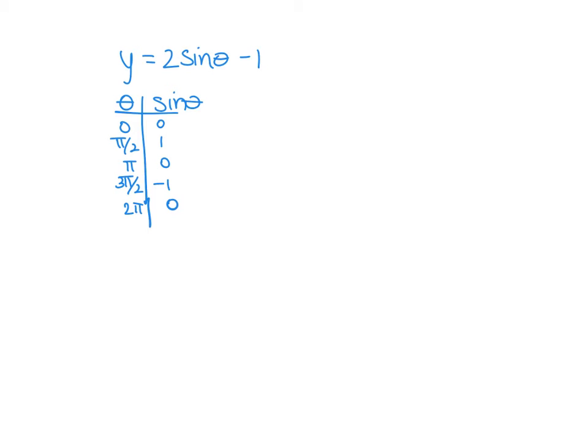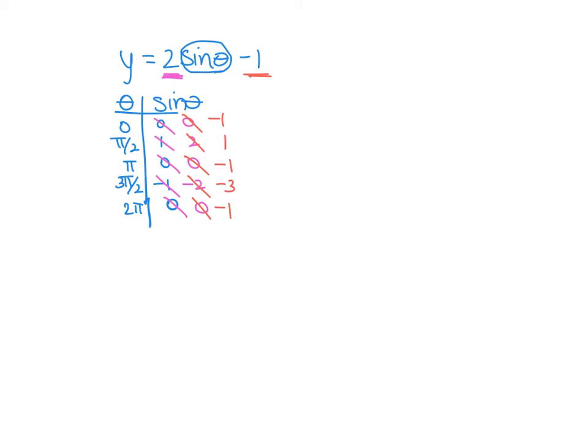So what are we going to do with our output first? Our output is sine theta. We're going to multiply it by 2. So first step, let's multiply all these by 2. That's the multiplication of 2. Then we're going to subtract 1. So 0 minus 1, 2 minus 1, 0 minus 1, negative 2 minus 1, 0 minus 1.